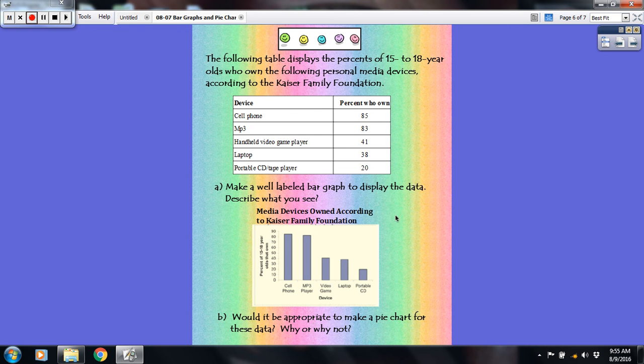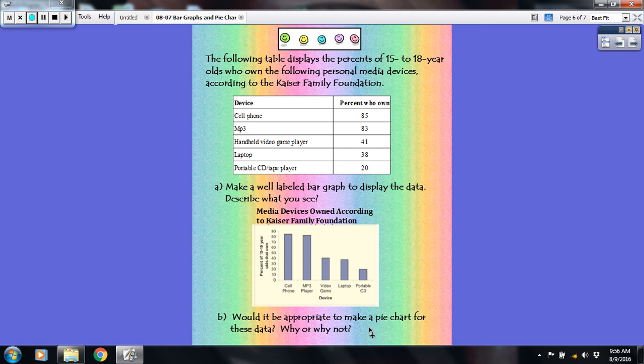So that leads me into B. Would it be appropriate to make a pie chart for these data? Why or why not? Well, no, not for this data, because since they don't add up to 100%, it doesn't make sense for us to make a picture of them out of a whole 100%.